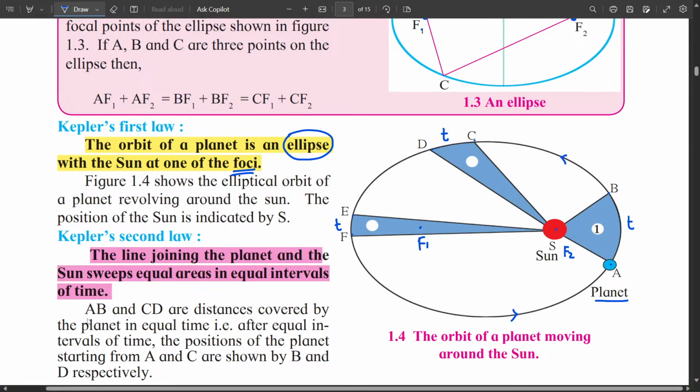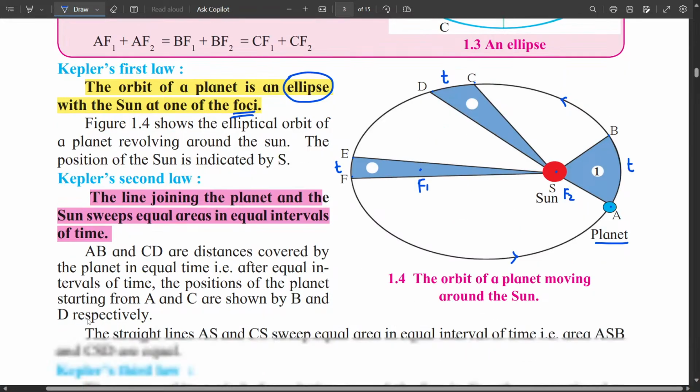then the area swept by the planet, that means area ASB, will be equal to area CSD and that will be equal to area ESF.